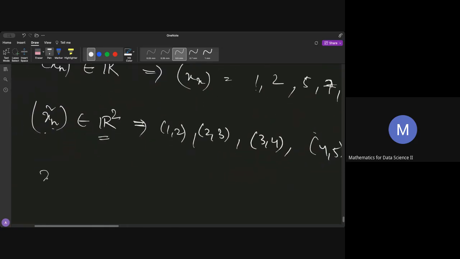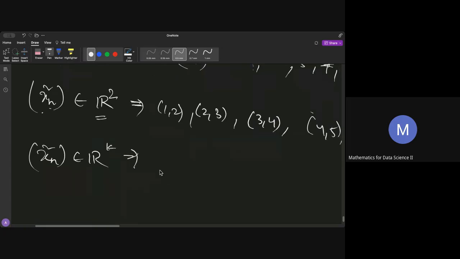So what should a sequence look like in, let's say, Rm or Rk?